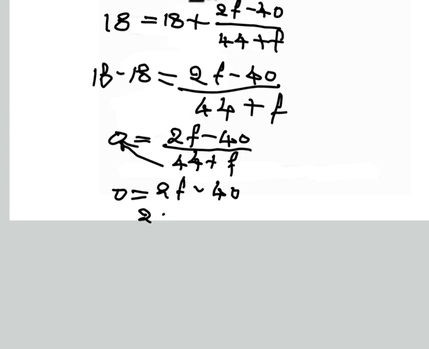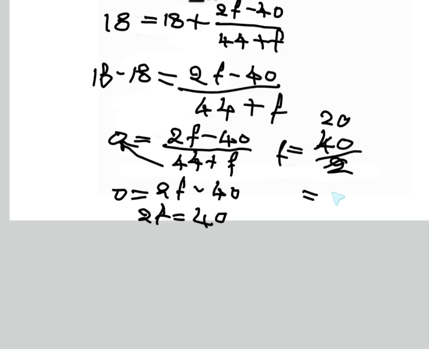Then 2f is equal to 40, so f is equal to 40 by 2, which is 20. The missing number is 20.